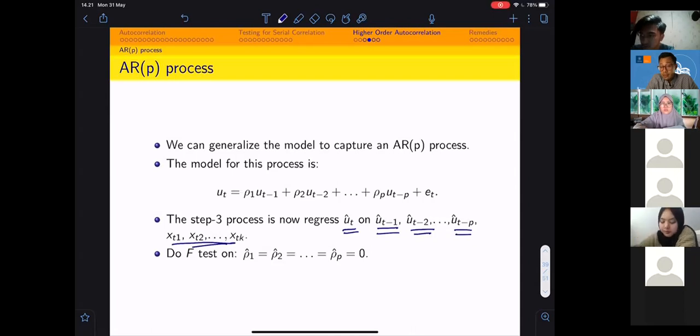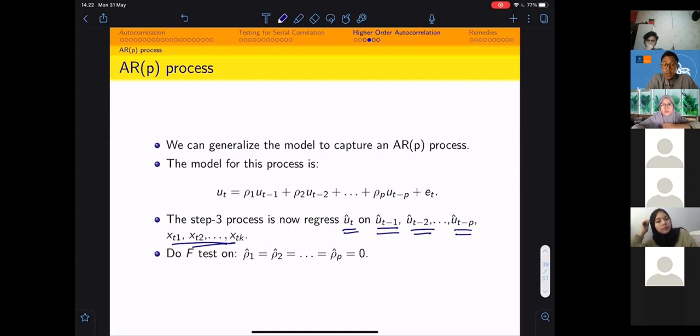Now, once you do the regression, what you want to do is test that rho hat 1, rho hat 2, until rho hat p are all simultaneously equal to 0. In this particular case, we can conclude that there is no serial correlation. However, if we reject the null hypothesis that rho hat 1, rho hat 2, and so on until rho hat p are equal to 0, then there is evidence of serial correlation in the data.